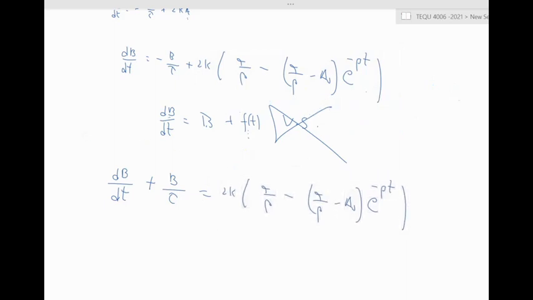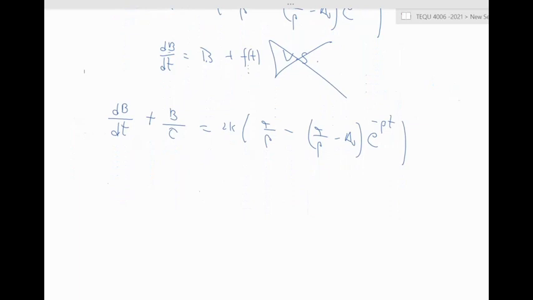And that's it. Now you can see what is P, which is the one that is used for the integration factor. P of t, in this case, is 1 over tau, but Q of x, or in this case Q of t, is all of this.